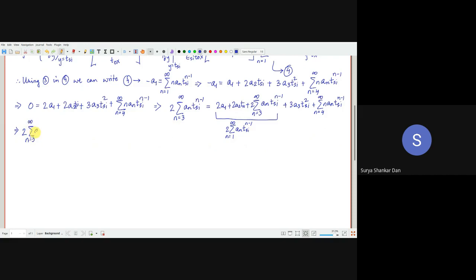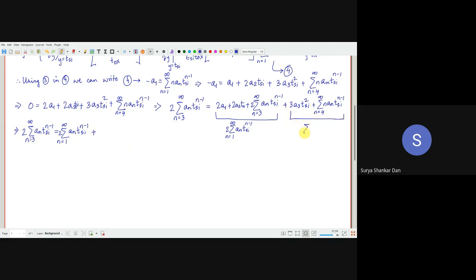So we are left with summation n equal to 3 to infinity a_n tsi to the power of n minus 1 is equal to summation n equal to 1, sorry, there will be 2 here, to infinity a_n tsi plus, what can we write for these two?